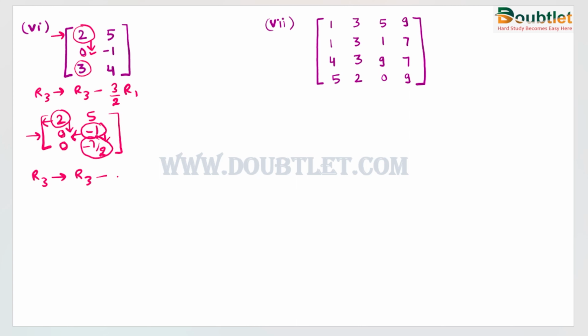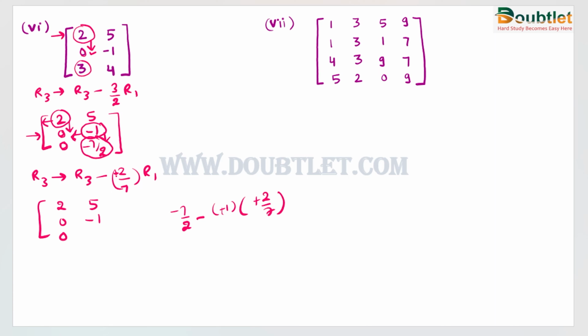So this will become R3 minus 2 by 7 R1. So this will become 2, this will become 5, this will become 0, this will become minus 1, this will remain 0. So we can write this as minus times of minus 1 and minus 2 by 7. So this will become plus, this will become minus.